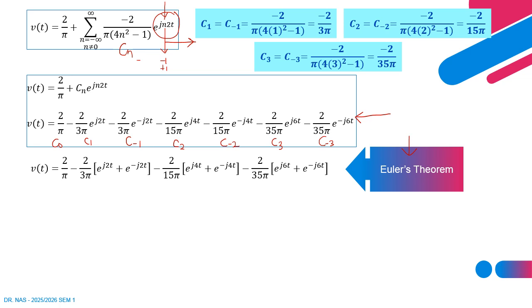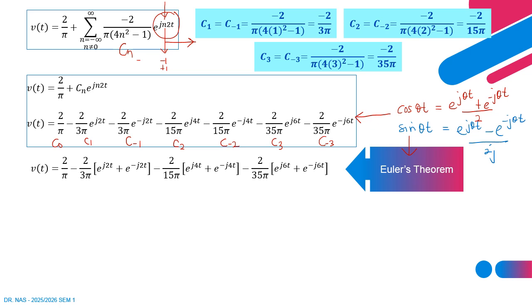Remember Euler's theorem: cos theta t equals e^(j theta t) plus e^(minus j theta t) divided by 2. But for a sine function, sine theta t equals e^(j theta t) minus e^(minus j theta t) divided by 2j. This is derived from Euler's theorem.